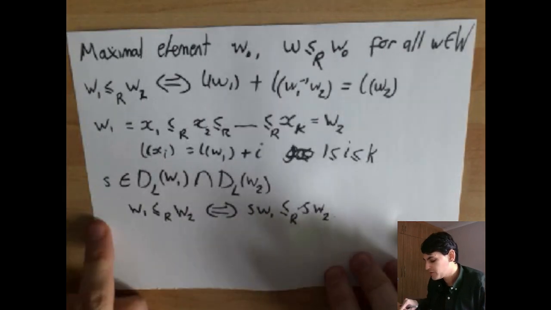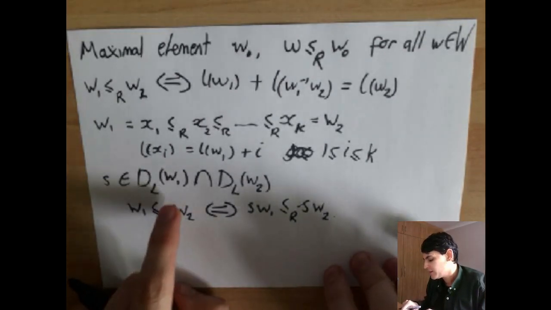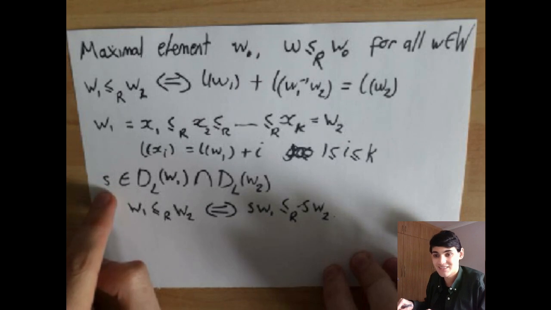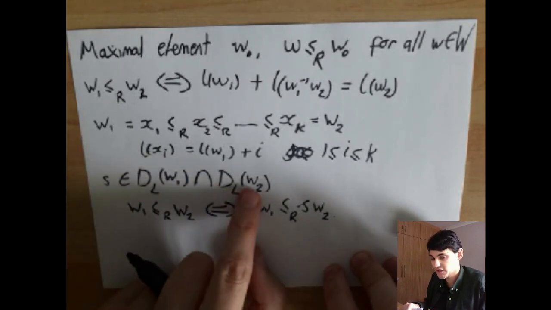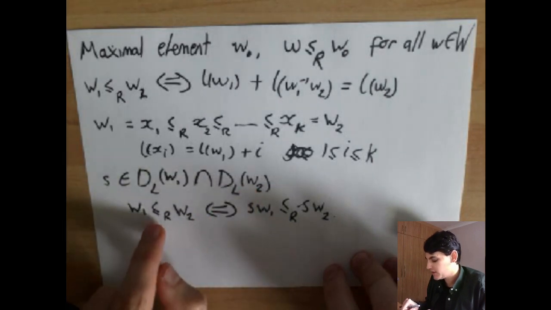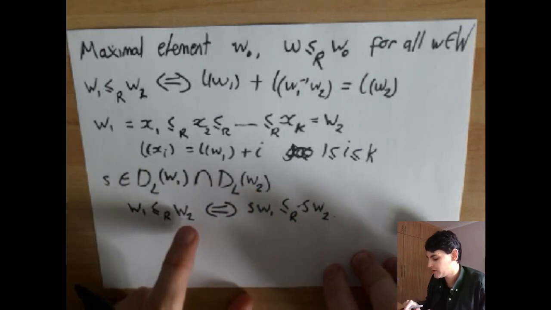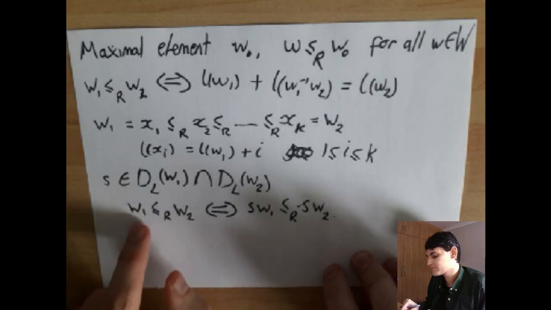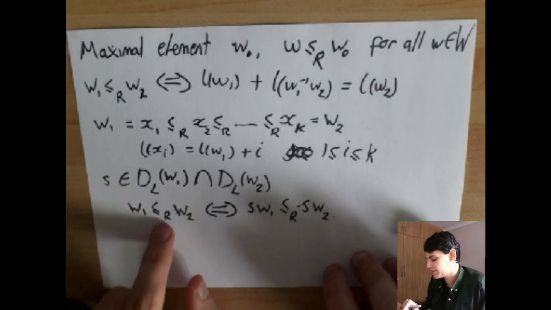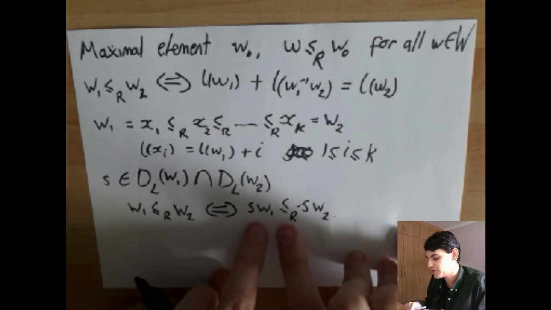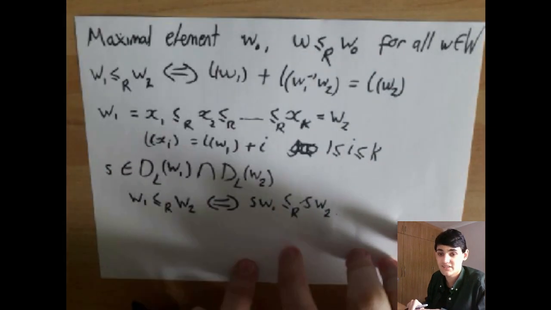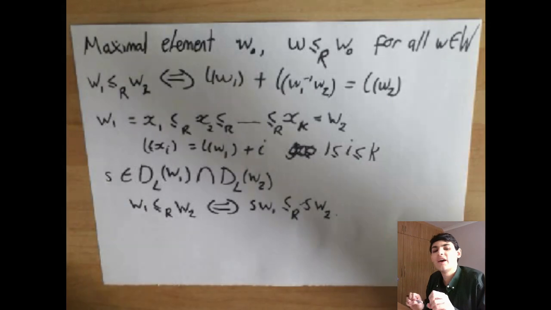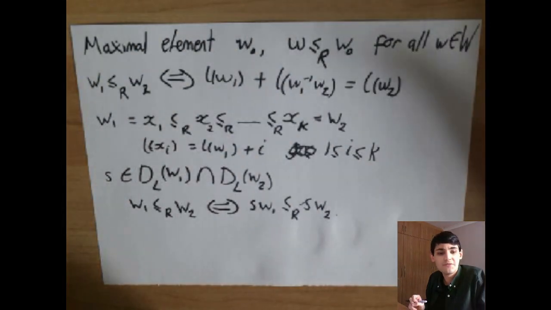So what does this property tell us? It says that if you've got some element S that makes W1 shorter and W2 shorter, then W1 less than or equal to W2 is true if and only if this is respected when you multiply by that generator S. I guess it's sort of an equivalence of the lifting property.